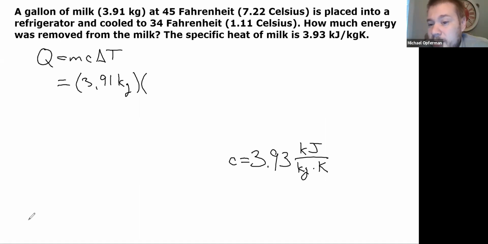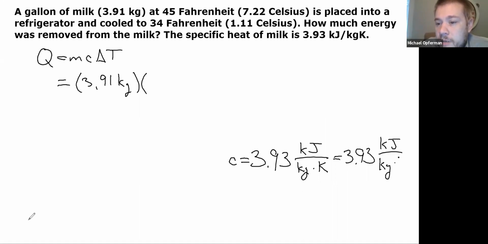That's a typical way that these are reported. If you look up these numbers from different sources, you can also report this number equally well as kilojoules over kilogram times degrees Celsius. It makes no difference in this case whether you use Kelvin or Celsius.